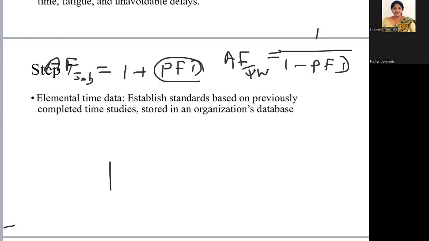Element time data means, after your organization performs and validates time studies, it stores those accepted time studies in an elemental time database for possible future use, right?